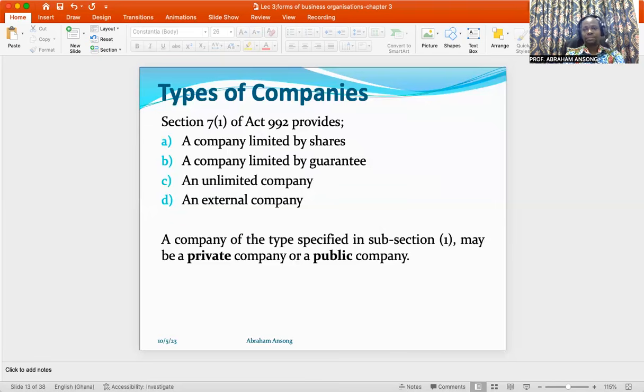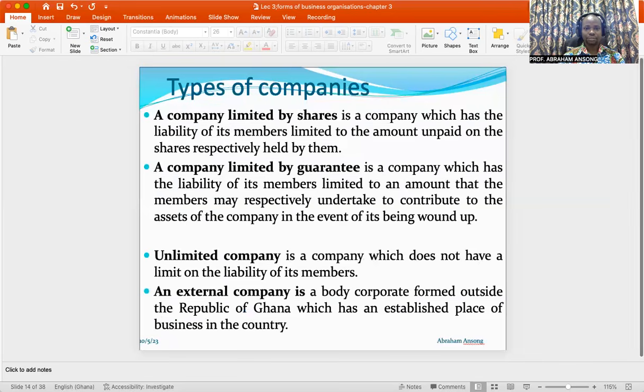So in effect, if we have 4 above, what it means is that we could have 8 types of companies in Ghana, given that they could either be private or public.